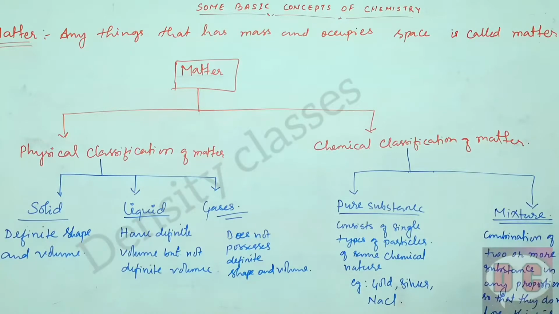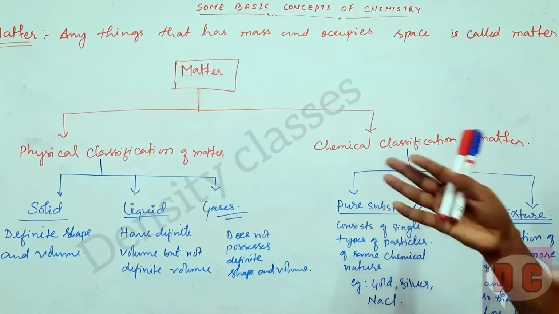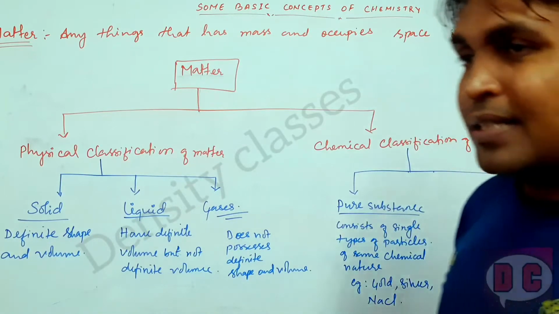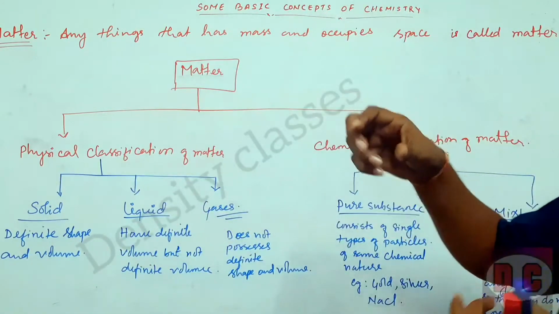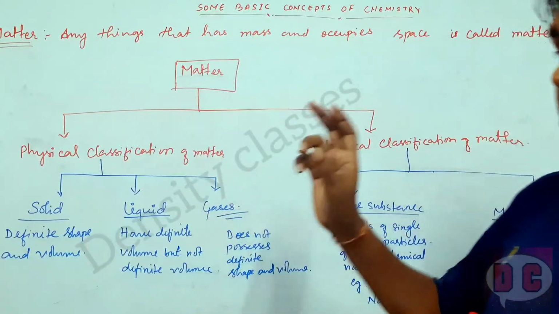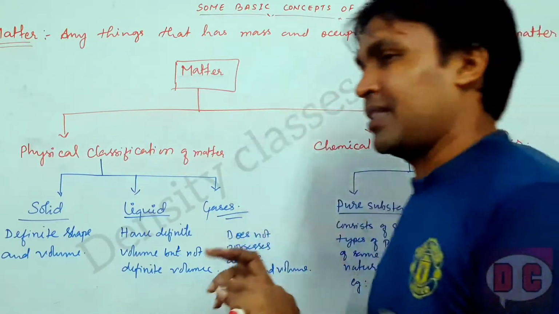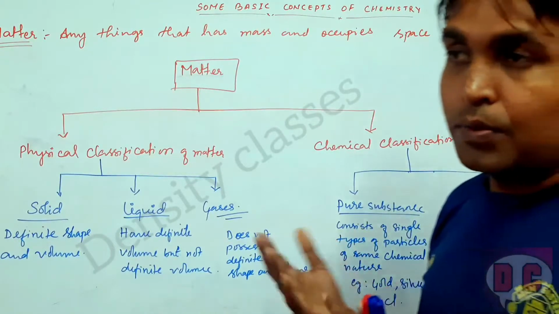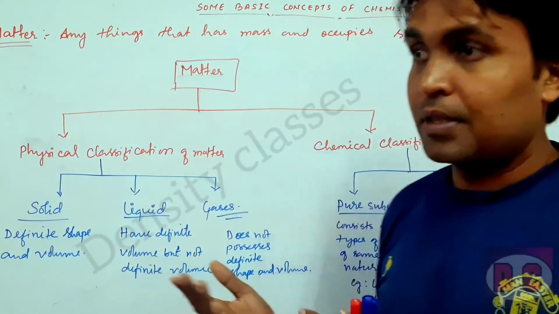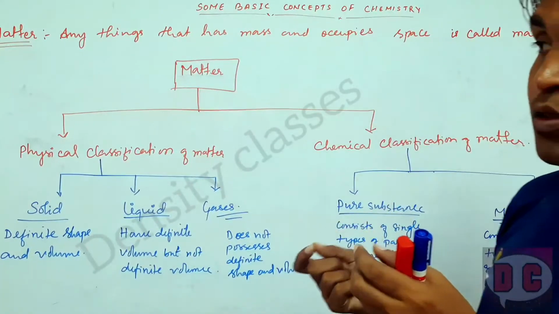Moving on to the next, that is mixture. The second type of chemical classification, mixture. A mixture is nothing but the combination of two or more substances in any proportions. Okay, there is no fixed proportion that I have to take, like 2 glasses of water, 1 glass of milk. It's not like that. Those milkmen who are delivering the milk, they do not fix the proportion.